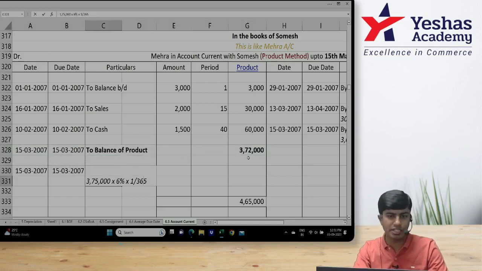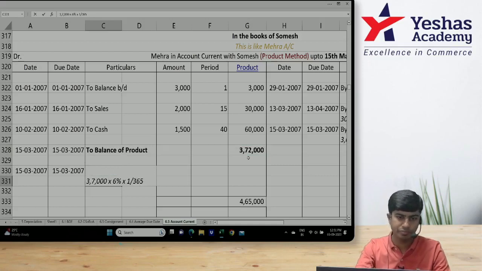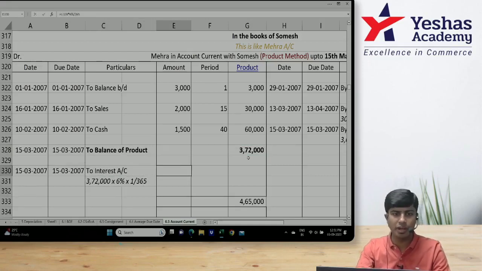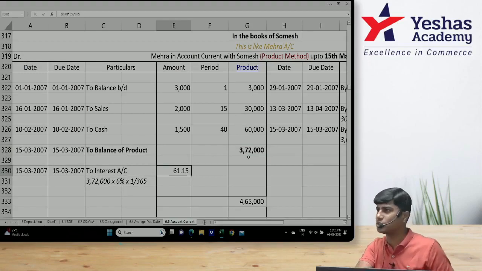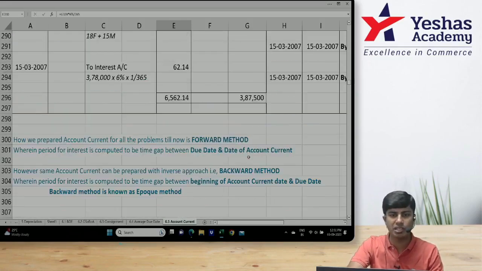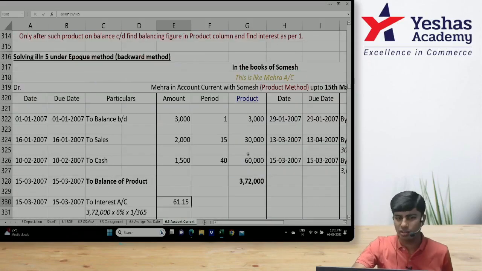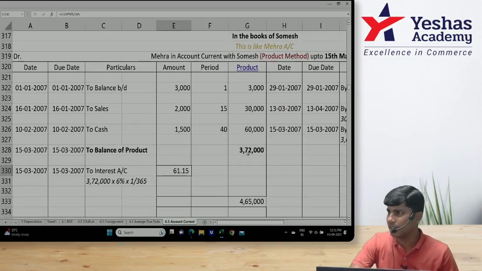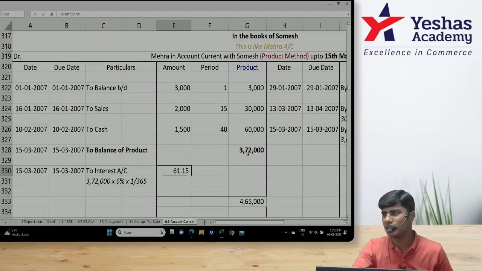Yes. Now on 15th of March, I will find interest. 3,72,000 into 6% into 1 by 365: 61. Sometimes there can be a slight difference in the answer under the epoch method and the forward method. It is okay. How much had we got previously? It is okay. It is a 1 rupee difference, 85, 90 paisa difference. It is totally fine.